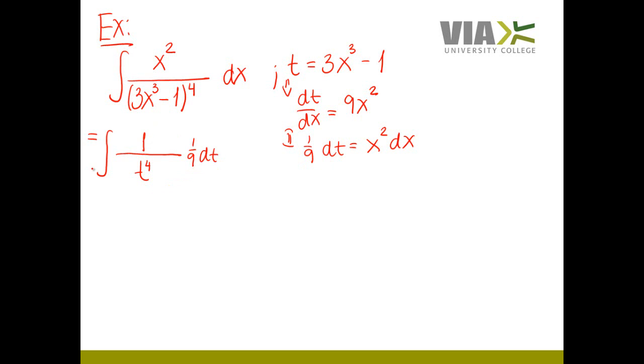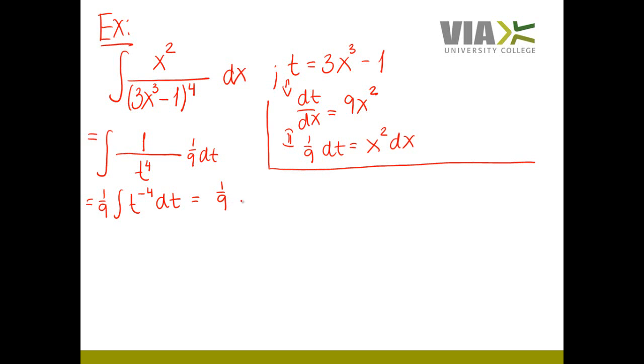So the constant here, we just, like always, move outside the integration sign. So that is 1/9 times the integral of t to the power of -4. Now I have the assignment rewritten into a simple one, which we know how to solve. I'll just make a line here so we don't mix it up.